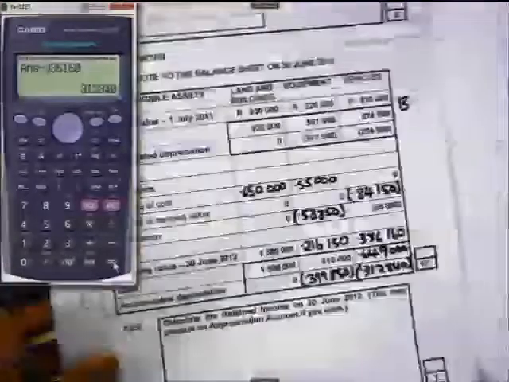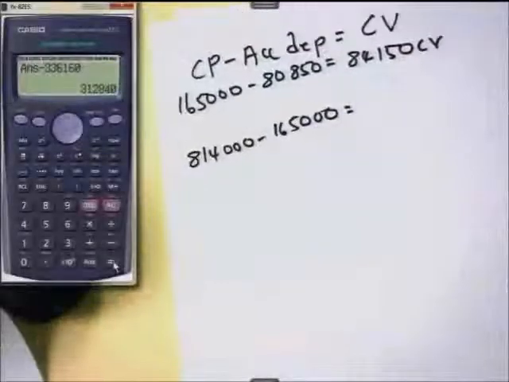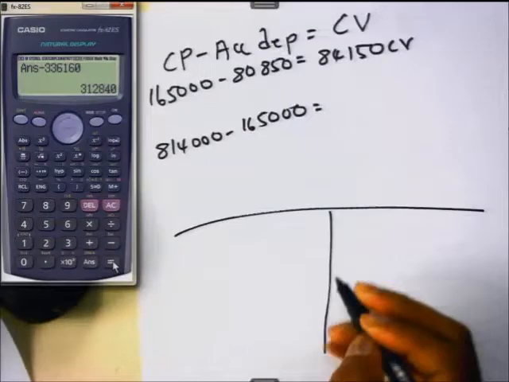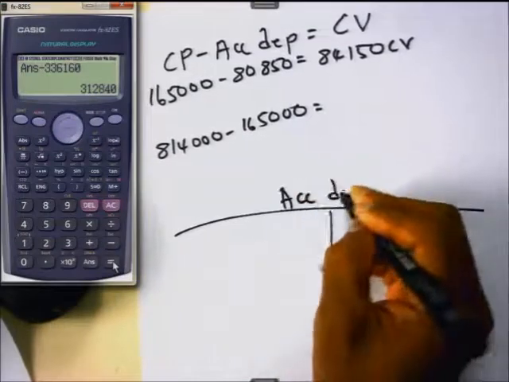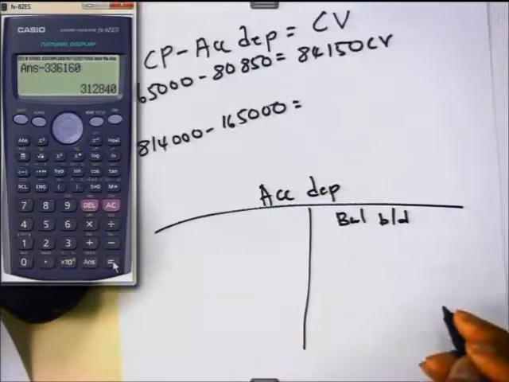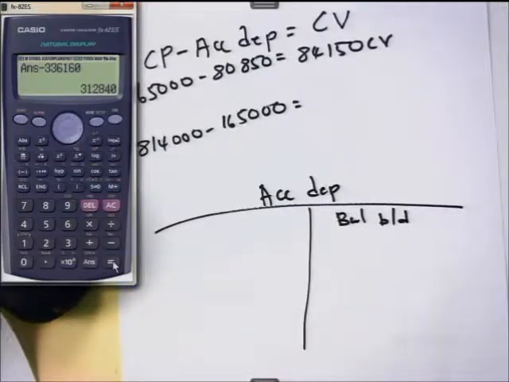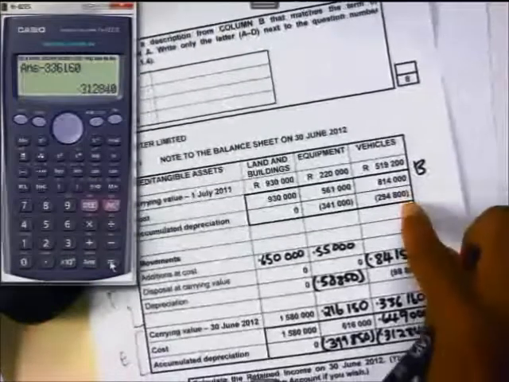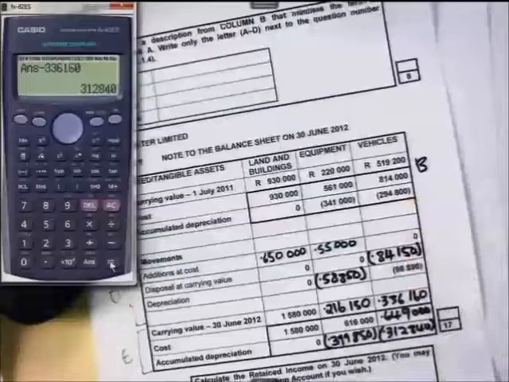But if you also prefer to use the ledger accounts, we can check. If we are supposed to use the ledger accounts, we're going to say accumulated depreciation. It will have balance brought down there. That is what we expect. And then our balance brought down of accumulated depreciation, if you refer to the question, it's there, 294,800.